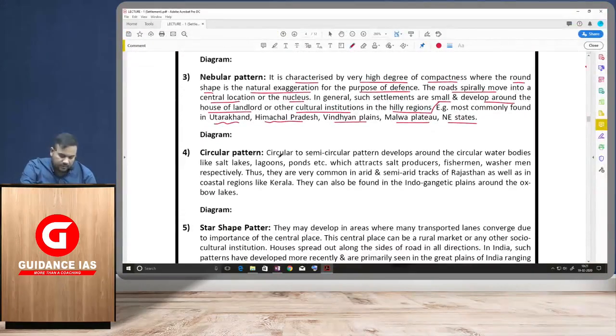Then if you talk about circular pattern, circular to semicircular patterns develop around circular water bodies like salt lakes, lagoons, ponds, etc., which attract salt producers, fishermen, washermen, respectively. Thus, they are common in arid, semi-arid tracts of Rajasthan as well as in the coastal regions of Kerala. They can also be found in Indo-Gangetic plains along the Oxbow lakes, would be common.